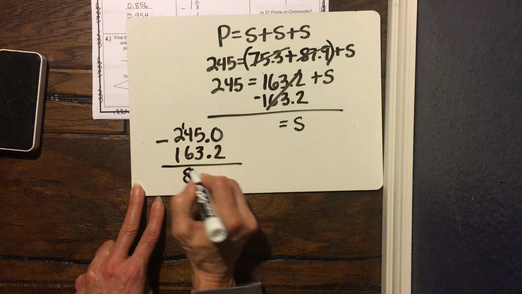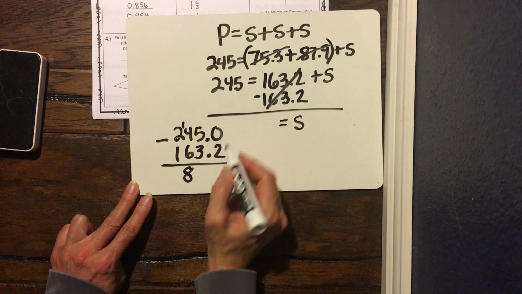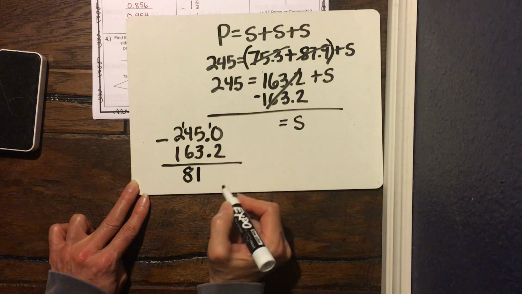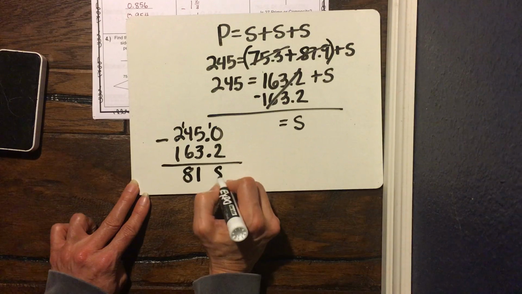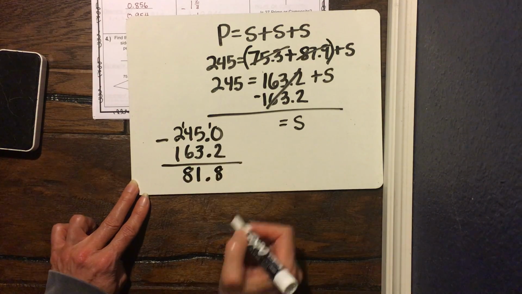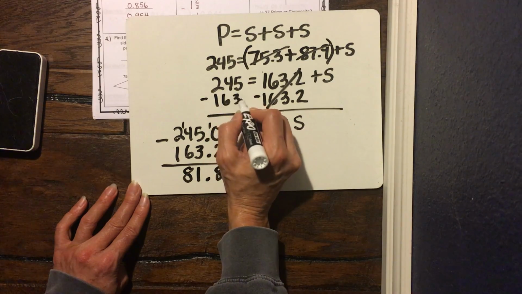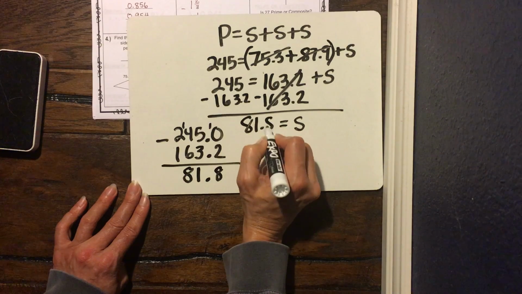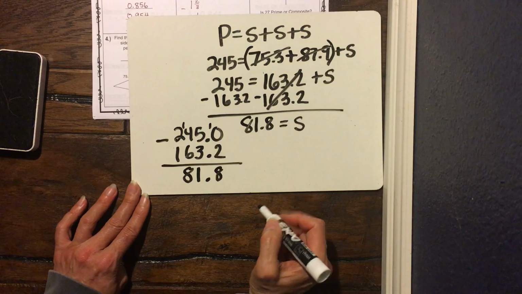No, so I write my 8. 5 minus 3 is 2, but does my friend need help? Yes. So I'm going to take 1 away from that 2 and just put a 1. I'm going to give that extra 1 as help to my next door neighbor. And I've got 10 minus 2 is 8. I'm going to bring my decimal straight down. So if I've subtracted my 163.2 from over here, I end up with 81.8, and it's already set up for me. 81 and 8/10 equals S.